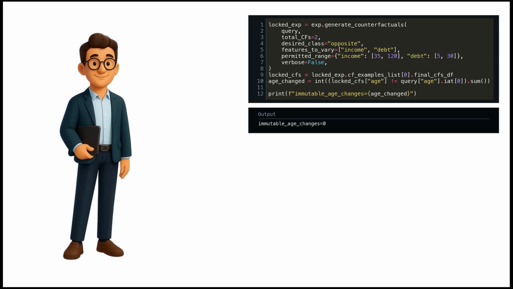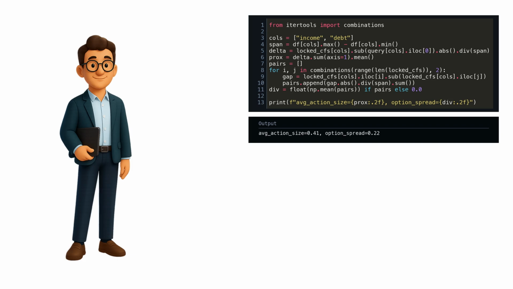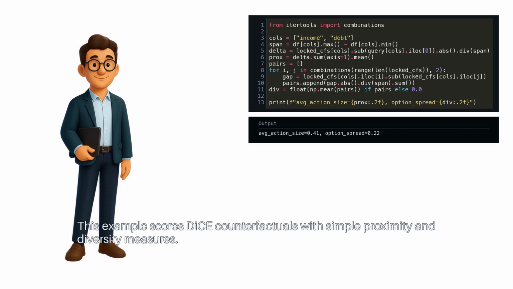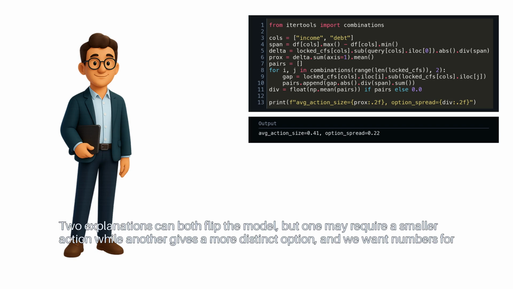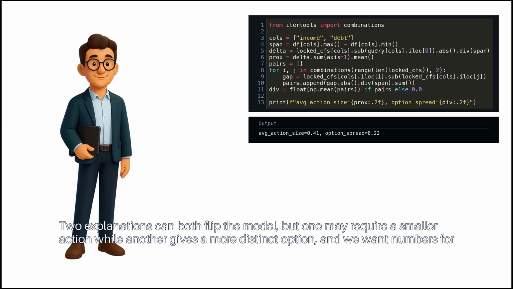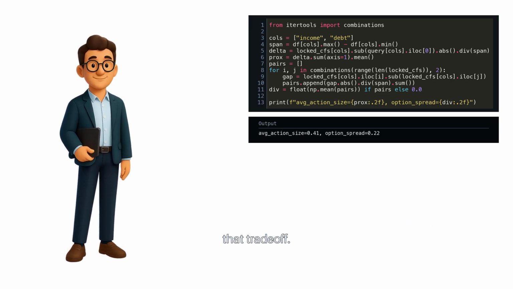Once we have feasible flips, we want to compare how large each recommended action is and how different the options are from each other. This example scores DiCE counterfactuals with simple proximity and diversity measures. Two explanations can both flip the model, but one may require a smaller action while another gives a more distinct option, and we want numbers for that trade-off.